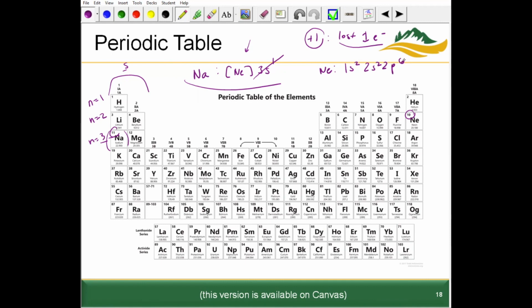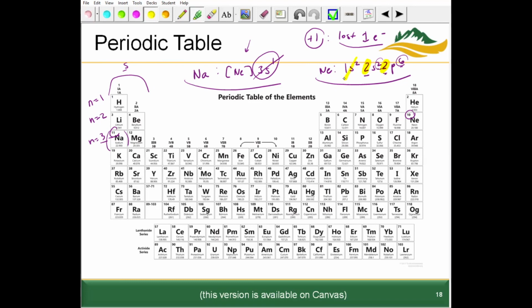When sodium loses this electron in the 3s subshell, it has the same electron configuration as neon. Neon has a happy complete octet. For n = 2 here, 2 electrons plus 6 electrons, that's a happy complete octet. So 8 electrons here in the outermost shell, and that outermost shell is where n = 2.